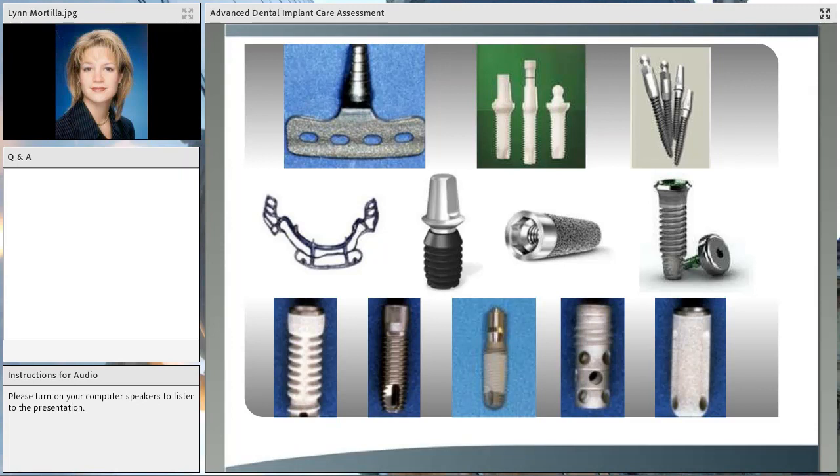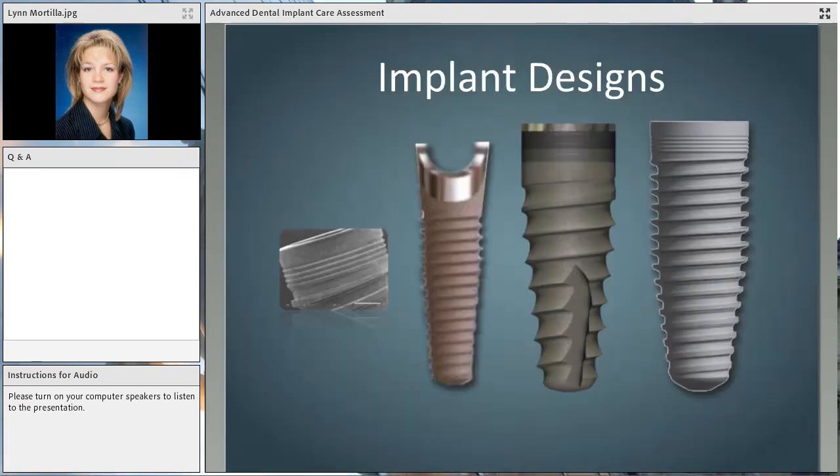You'll see the blade in the upper left-hand corner, which isn't done as widely as it used to be because we now can enhance bone and make the width of bone more accommodating for a root form implant, which is more like a natural tooth. So we do see the types of implants and structures changing, and we have many options. Clinicians working with implant dentistry certainly need to look at all the research behind these different types of implants so that we can be sure that we're research-based in our treatment of our patients.